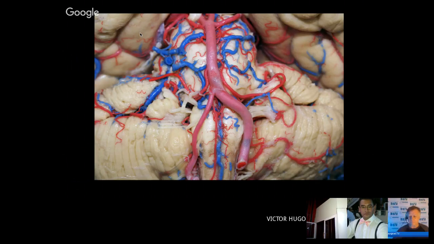Nowadays, we can get some beautiful photographs. In this case, you can see the vertebral arteries. One of them, the right vertebral artery, is hypoplastic, and the left is giving rise to the basilar artery.